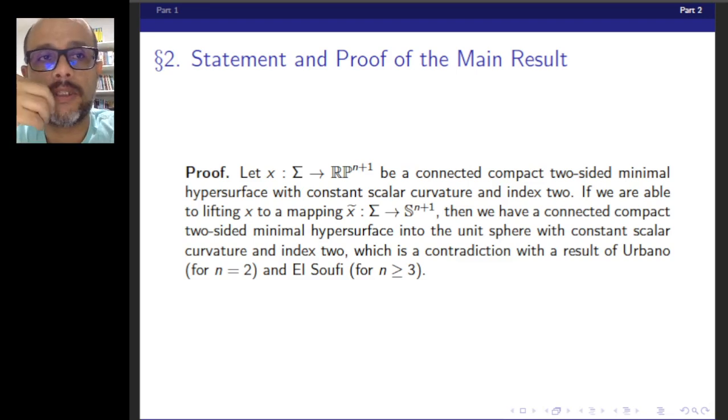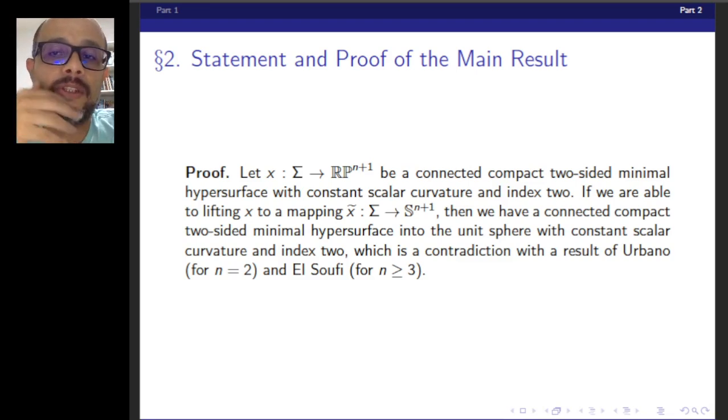Okay, you have direct conditions to guarantee in which conditions you can lift a map. If in this condition you can lift the map x to a map x tilde, then the lifting map will be a compact two-side minimal hypersurface with constant scalar curvature and index 2.